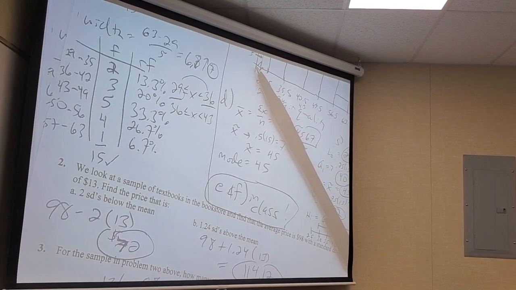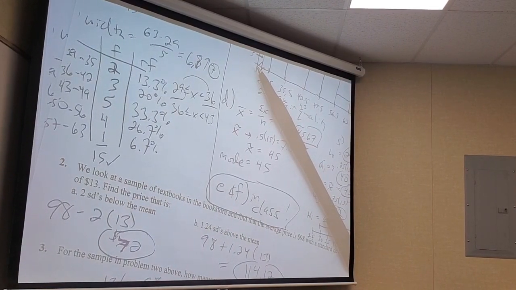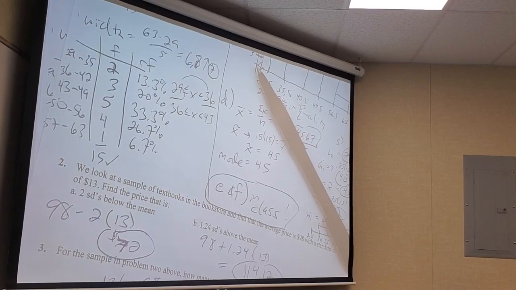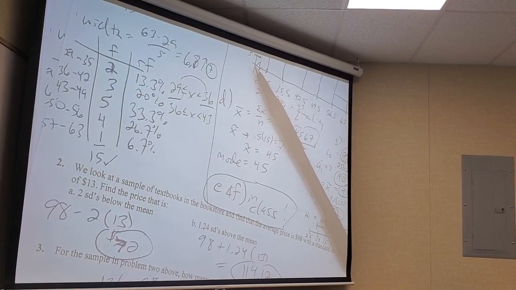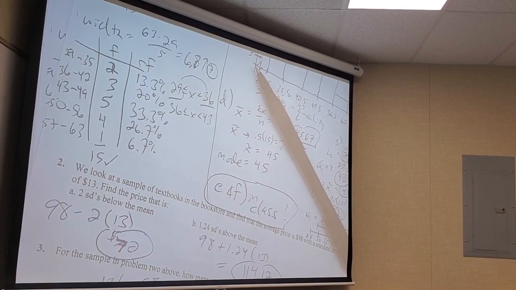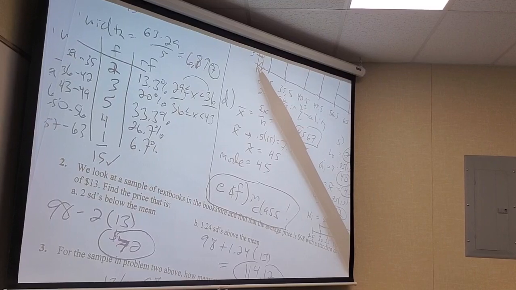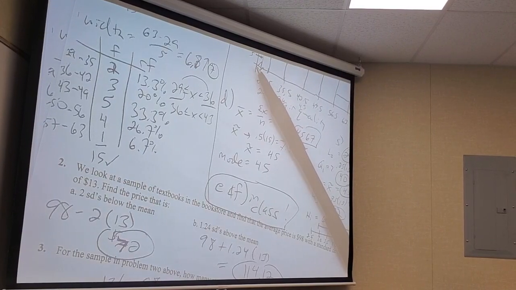I said more people are living longer. That's one thing. And part B is to give 2 reasons. One reason is more people are living longer. There's another thing that could happen. Either there are more people at the upper end, at the older ages, or there are fewer people at the lower end.